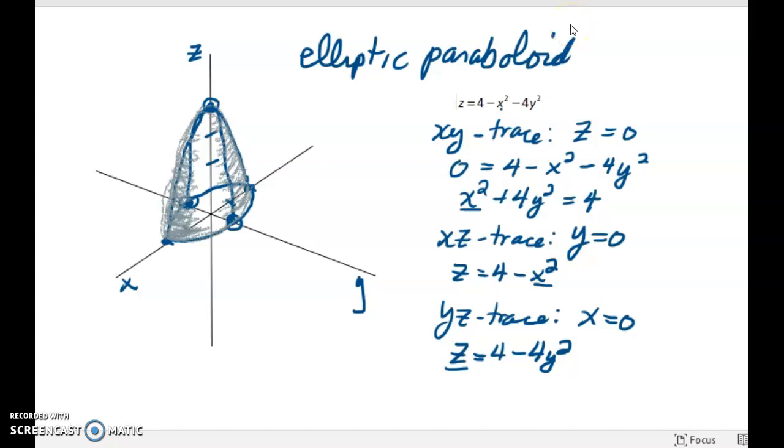The naming scheme kind of comes from the fact that if you look at the traces, this is an ellipse, and the other two traces are parabolas, so we call it a paraboloid, and then the modifying adjective comes from the odd man out trace, which is the ellipse.